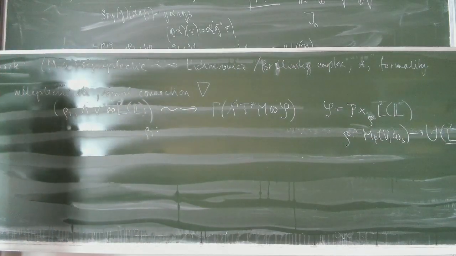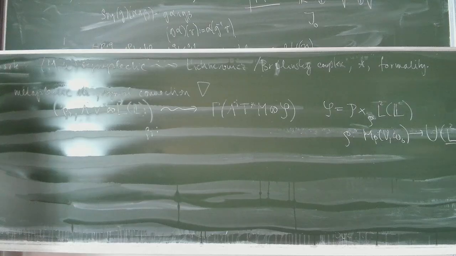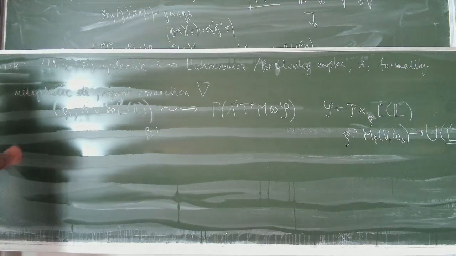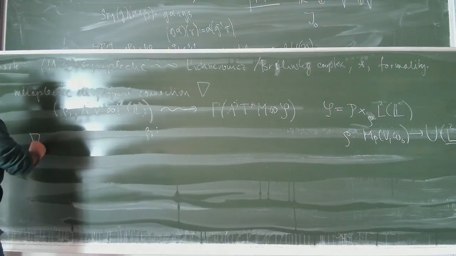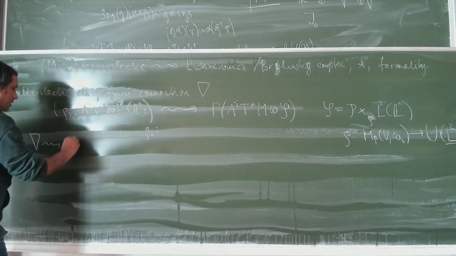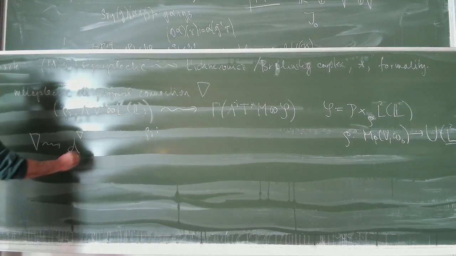And this is the metaplectic representation introduced last week. And then, okay, what to do with the connection? The connection induces the covariant derivative.